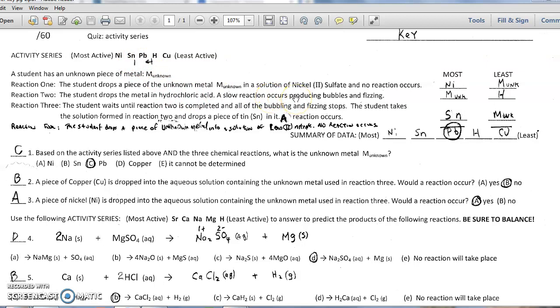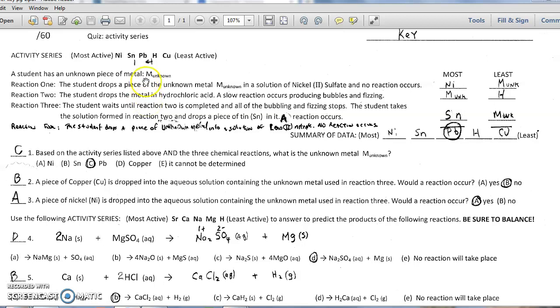The fizzing and bubbling that we saw were the hydrogen gas escaping from the solution as our unknown metal replaced it. In reaction 3, the student waits until reaction 2 is complete. What that means now is in reaction 3, they are going to be using a solution that now has the unknown metal in it.